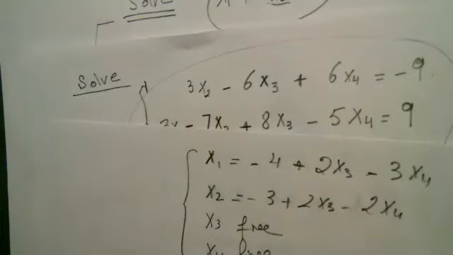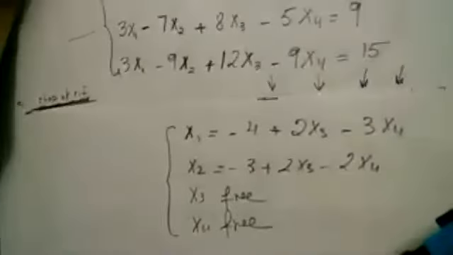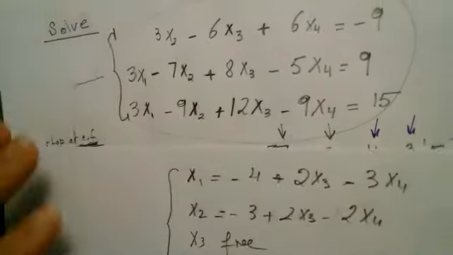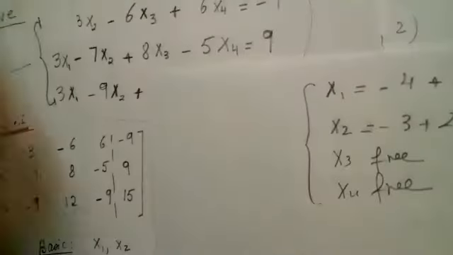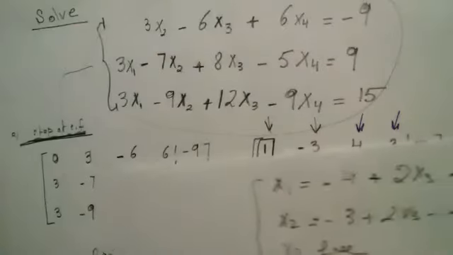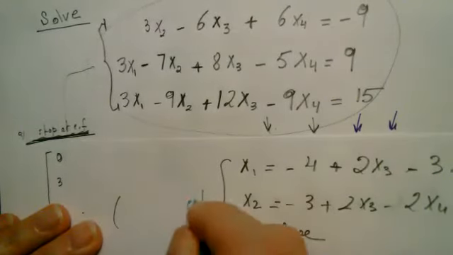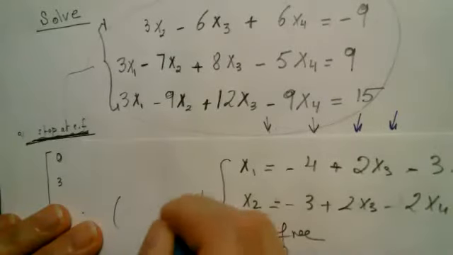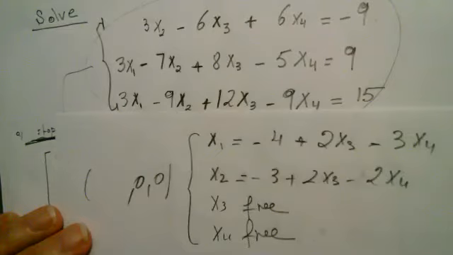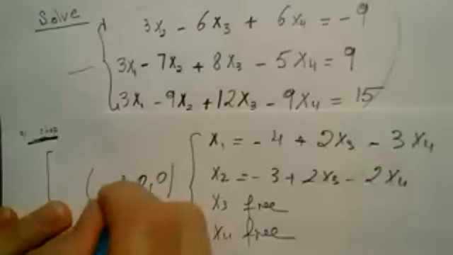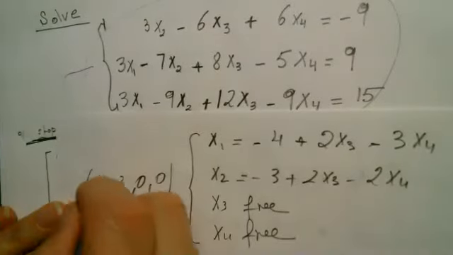Give me a solution. You just assign to your variables x3 and x4 any value you want, and you start. So for example, if I give x3 and x4 the value 0, then x1 is -4 and x2 is -3.